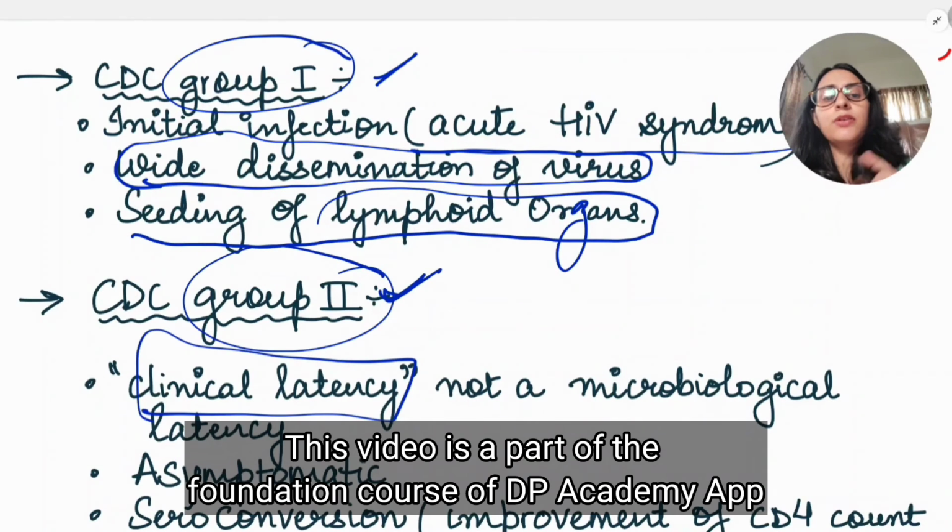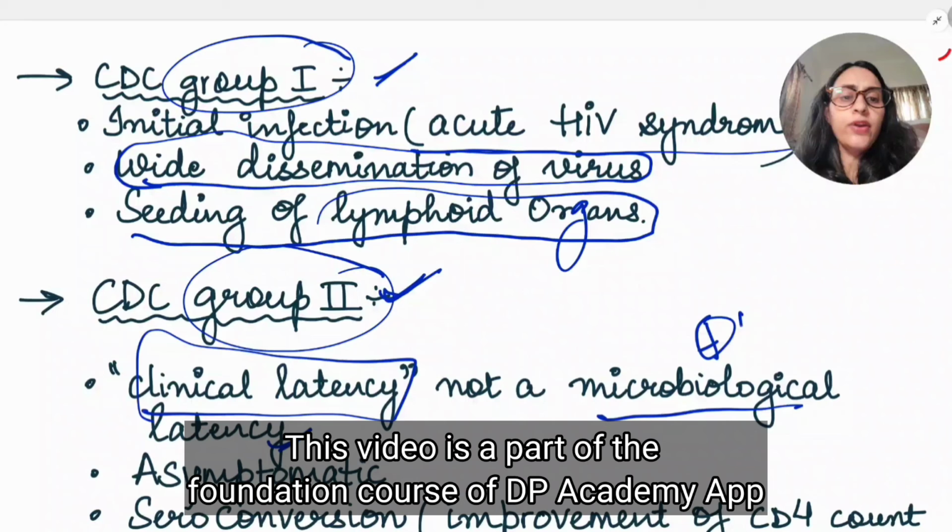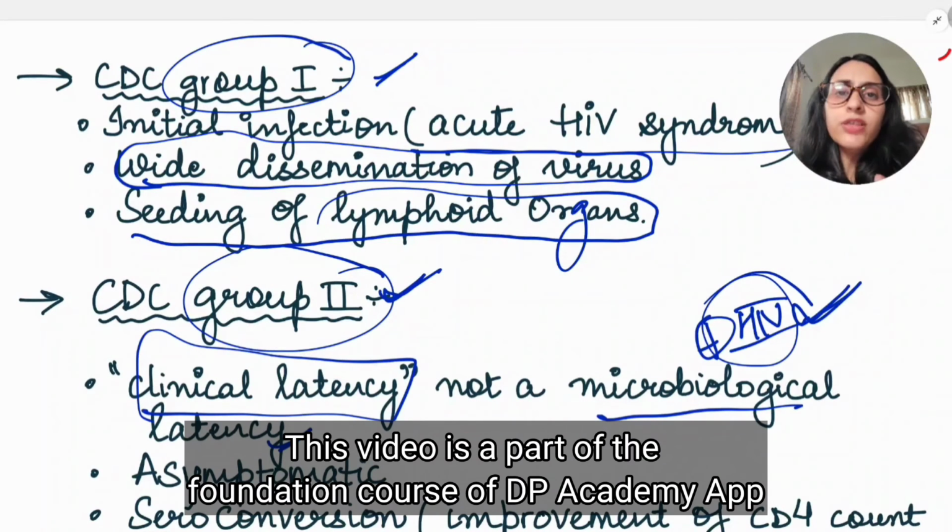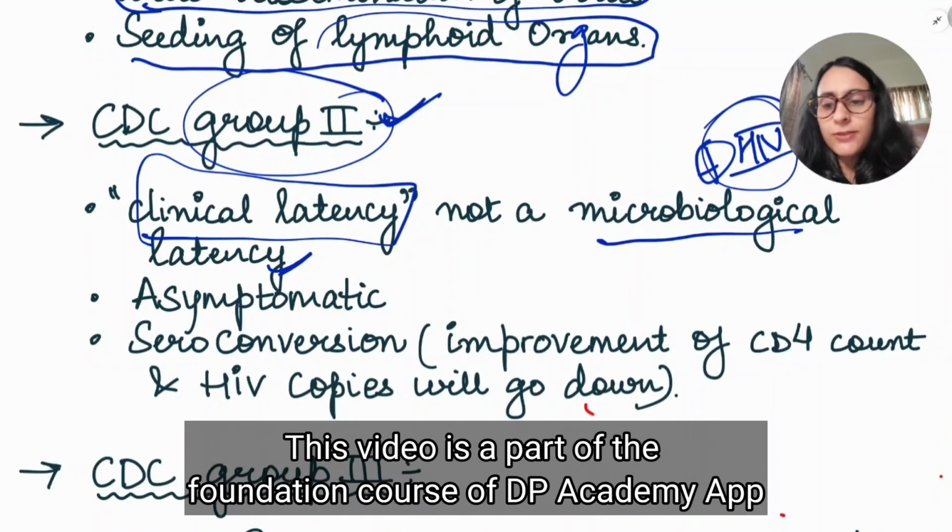There is clinical latency, but mind this, there is no microbiological latency. That means if you do the blood sample, if you do all the tests, they are going to come positive for HIV. Microbiologically, it is going to be an HIV positive individual, but clinically the patient is going to be asymptomatic. There will not be any symptoms shown by the patient. Now what happens? The body is now trying to fight back.